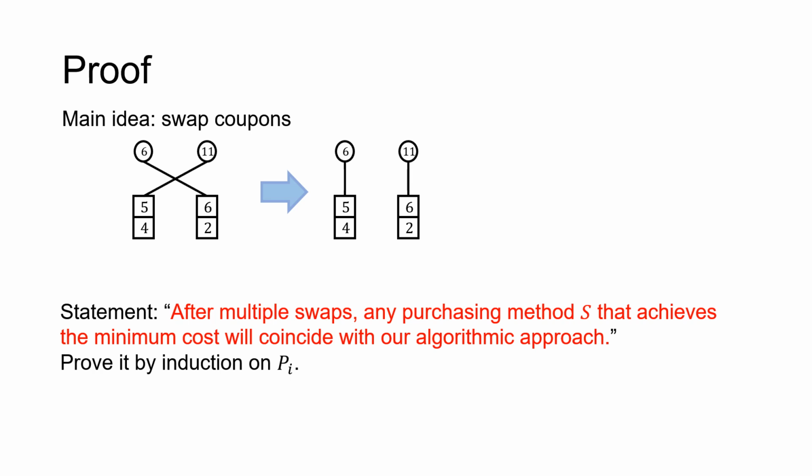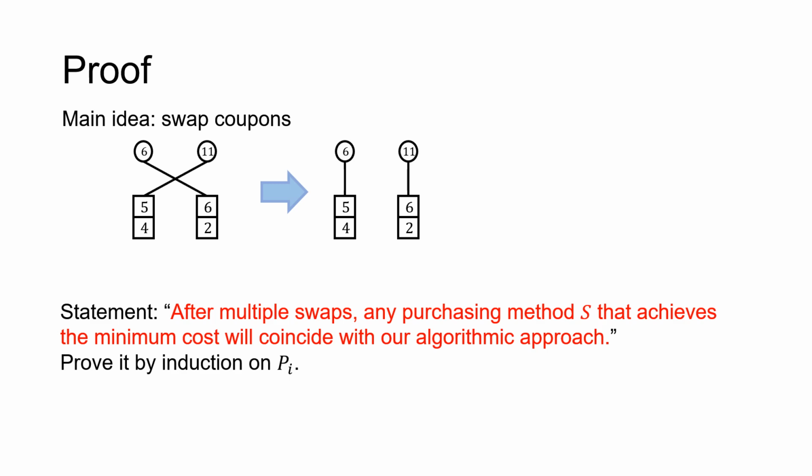Moreover, swapping does not change the total expense. Therefore, we can prove that after multiple swaps, any purchasing method denoted by S that achieves the minimum cost will coincide with our algorithmic approach.